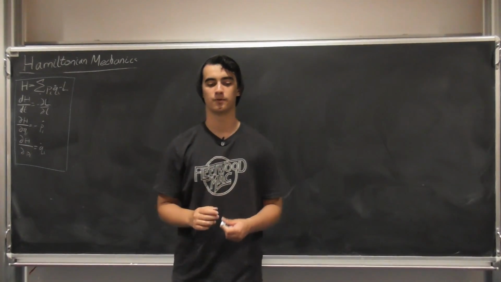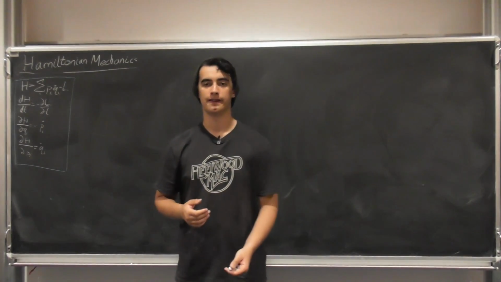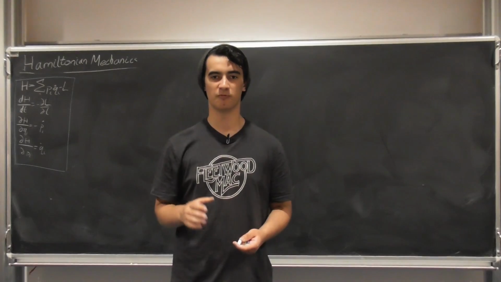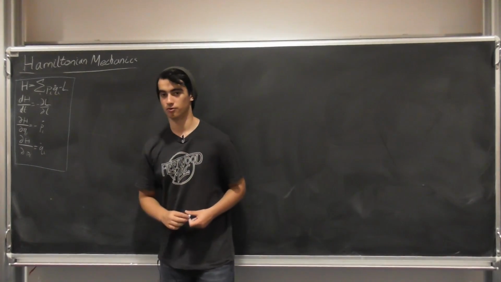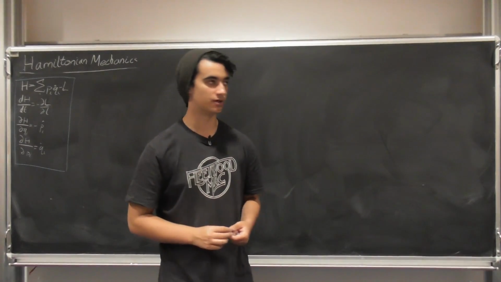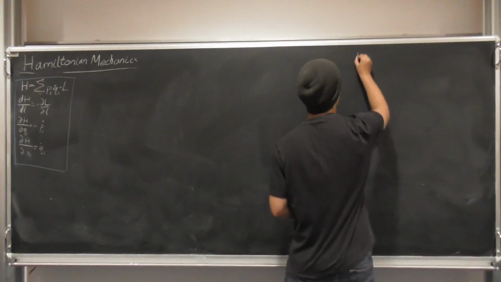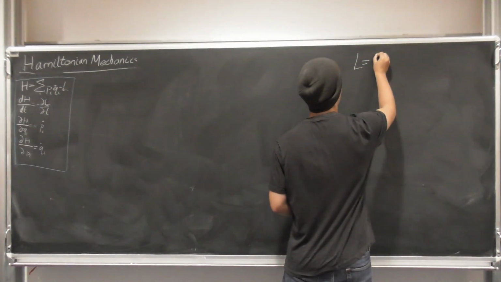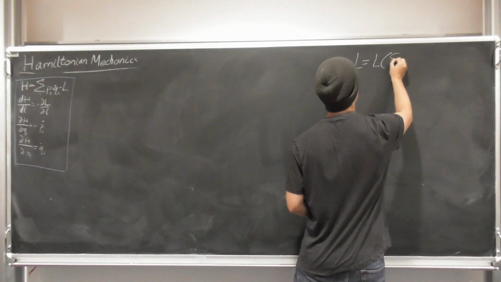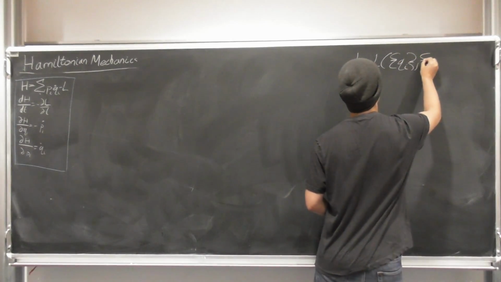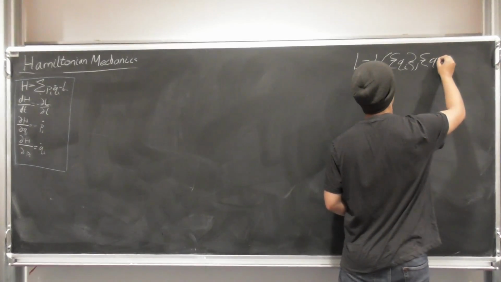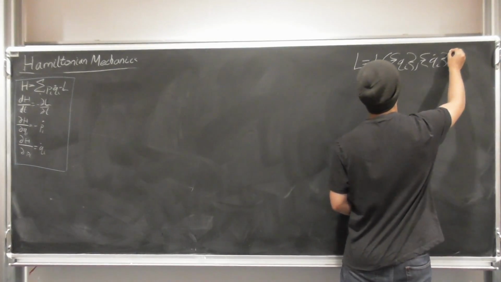Okay, so now with that example of the harmonic oscillator out of the way, let's have a look at a more rigorous derivation of Hamilton's equations here. So with this, we're going to say we have some Lagrangian L, which is a function of the set of all q sub i and the set of all q sub i dot, right?